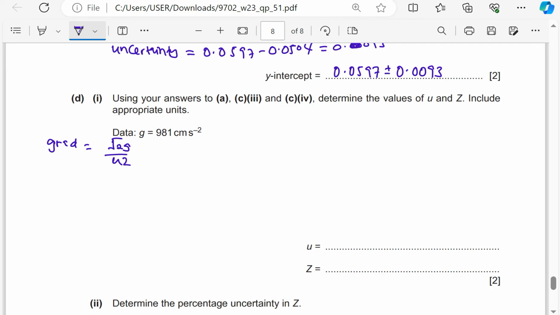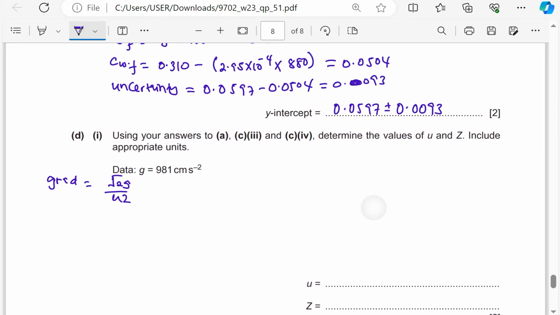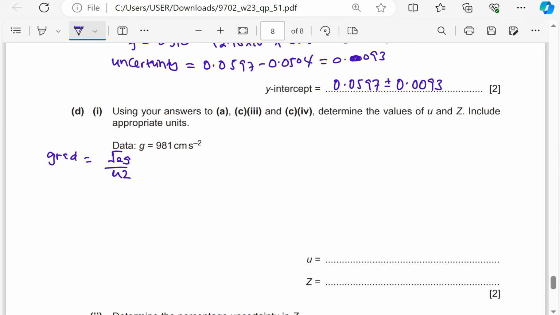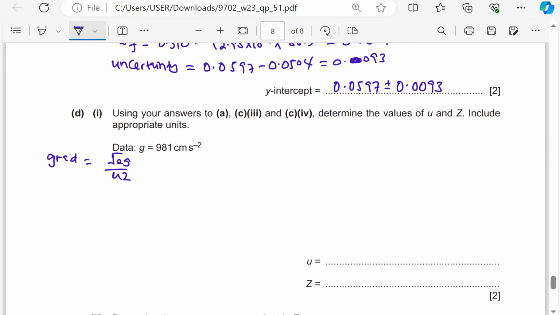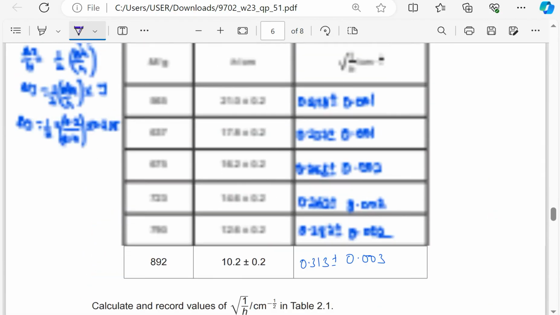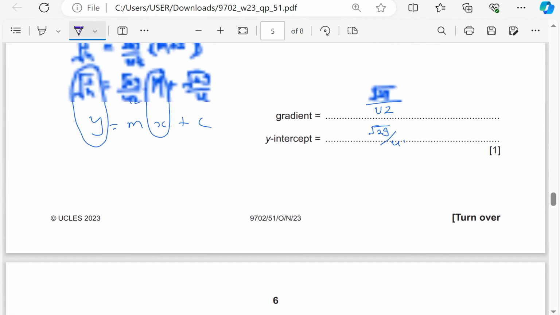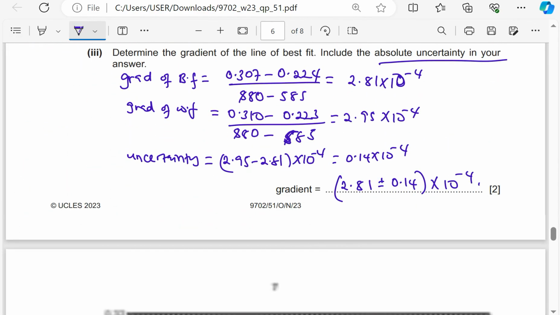So they have given us g, 9.8, and we want to find u. Then we also mentioned above here that the y-intercept is root of 2g over u. Okay, so I'll start with the y-intercept then.